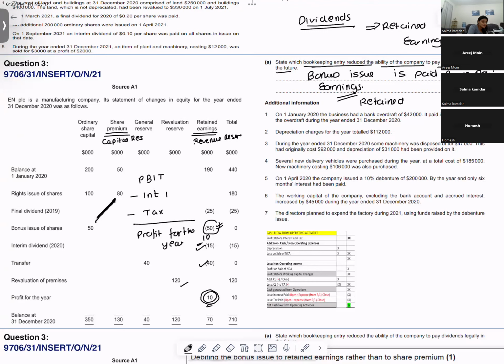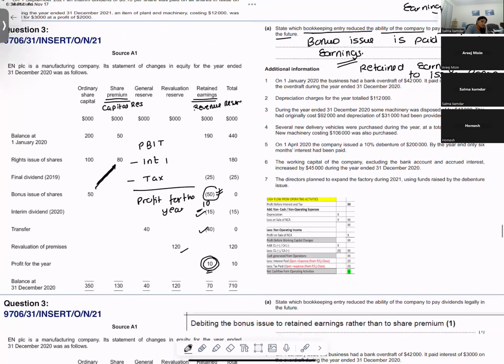Retained earnings is debited to issue bonus shares. This is the bookkeeping entry that has reduced the ability to pay dividends. Are you with me? Yes, Miss. Can you give me the journal entry to issue bonus shares?